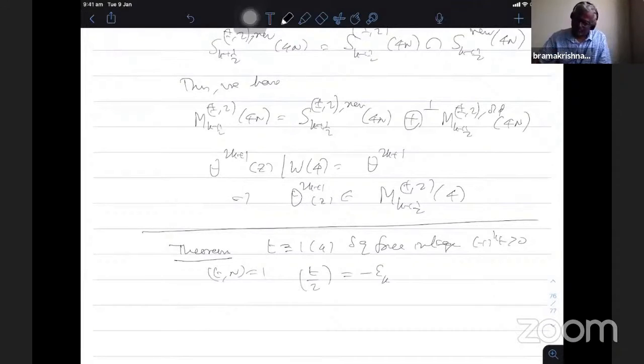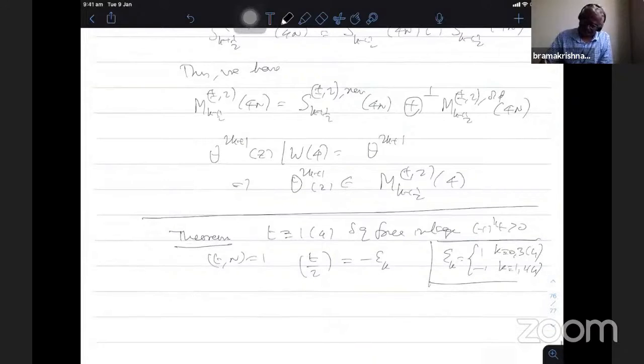So note that this ε_k is plus 1 or minus 1 according as k is congruent to 0 or 3 modulo 4, or 1 or 2 modulo 4. Using that, one can prove the symbol (2/(2k+1)). Then, using the parity of k, this is either plus 1 or minus 1. Assume (t/2) is this number, plus or minus 1 according as k.